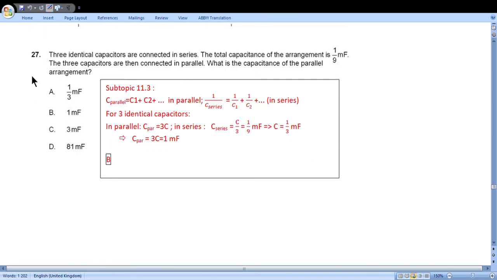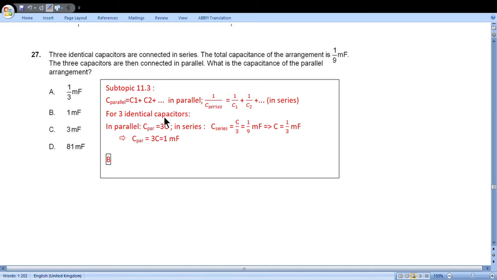Question 27. Three identical capacitors are connected in series. The total capacitance of the arrangement is 1/9 millifarad. The three capacitors are then connected in parallel. What is the capacitance of the parallel arrangement? Subtopic 11.3. In parallel we just add; in series we add inverses.